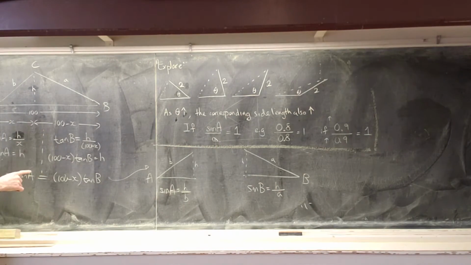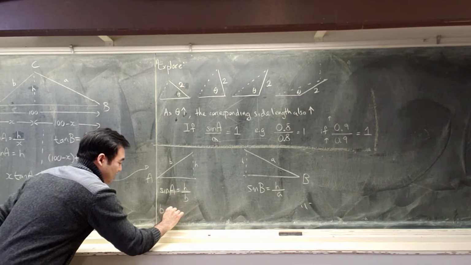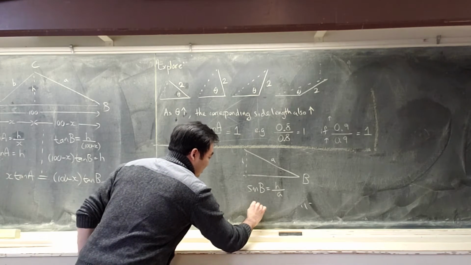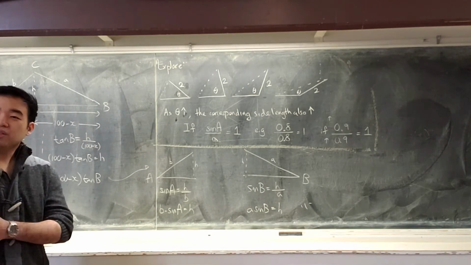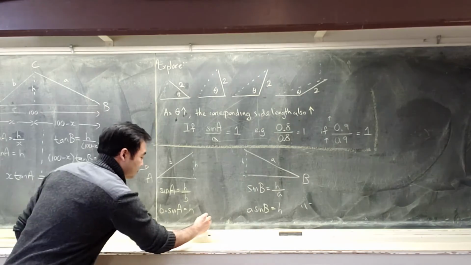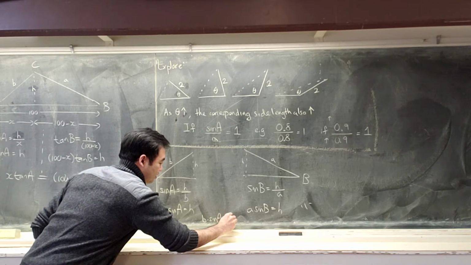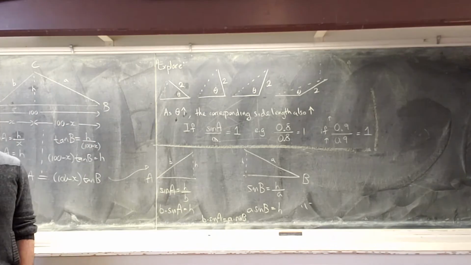And it's the same thing. Let's isolate for the height. This would be B times sine A equals height, and A times sine B equals height. And if I were to put this together, B times sine A equals A times sine B.